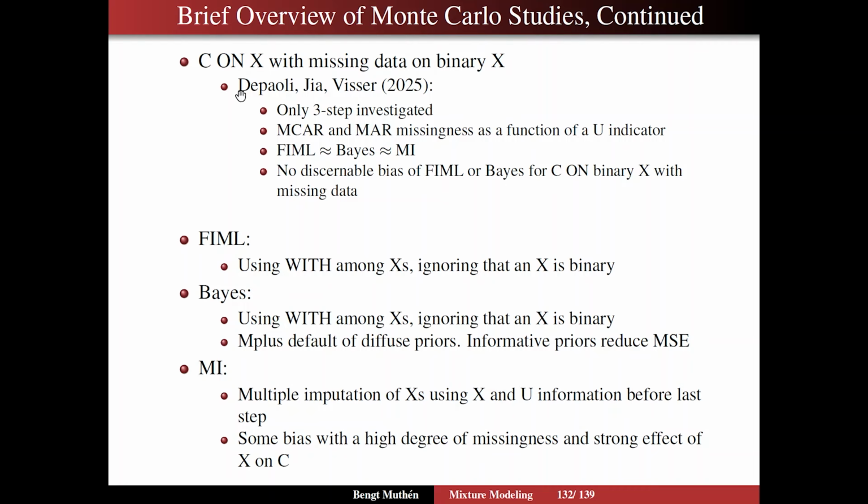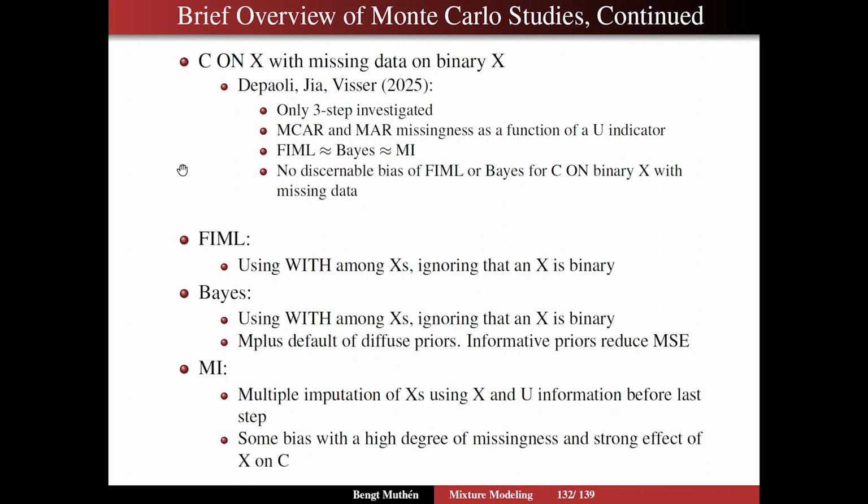So we have De Paoli, Ja, and Visser in 2025 only looked at three-step and found they created data with missing completely at random and missing at random, MAR, as a function of a U indicator. So the missingness was a function of a latent class indicator rather than what we did, where missing data on some X's was a function of another X with no missing data. So you can argue about which is most realistic in real life.